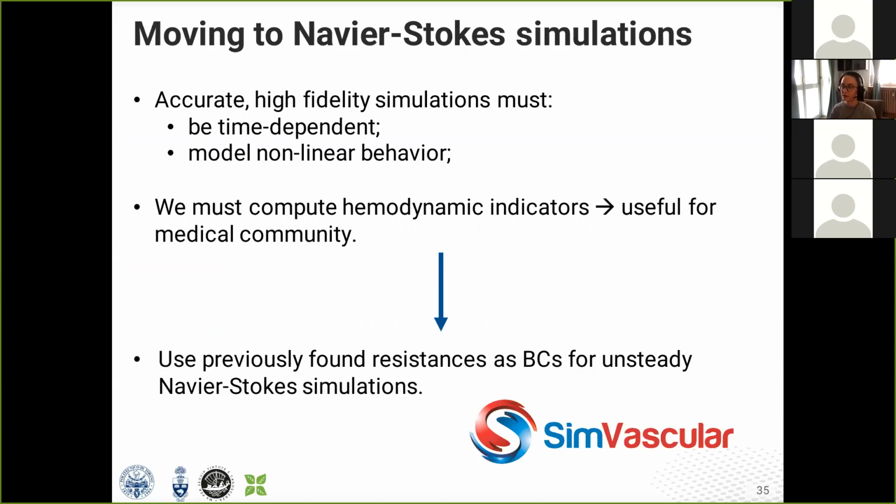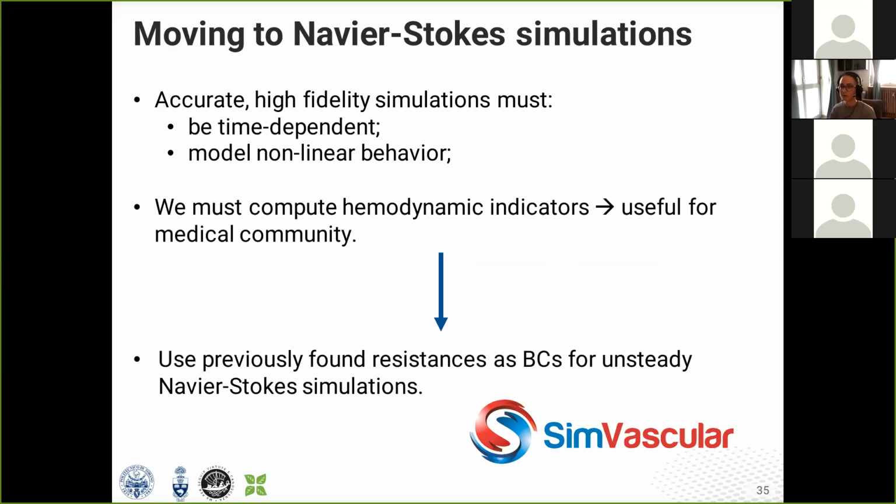But still, it's not enough if we really want solutions that are interesting for the medical community. In fact, when you simulate, for example, an aortic arch, you need simulations that must be accurate and high fidelity. And this means they must necessarily be time dependent.